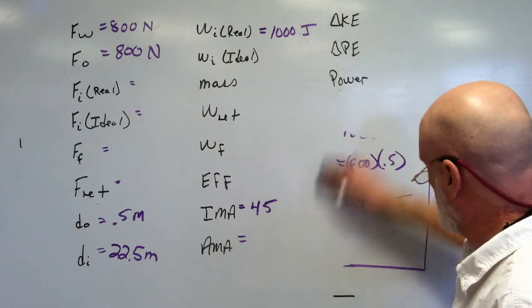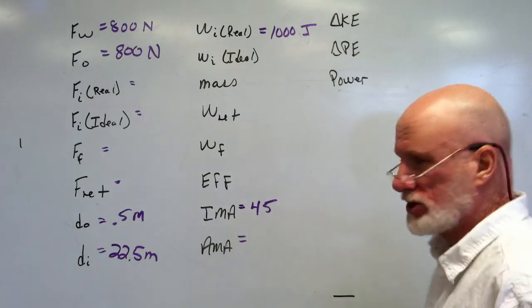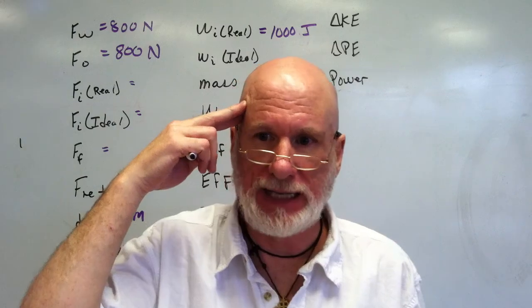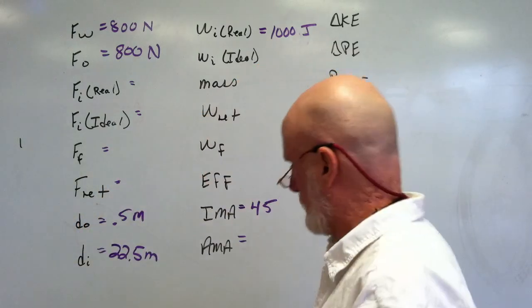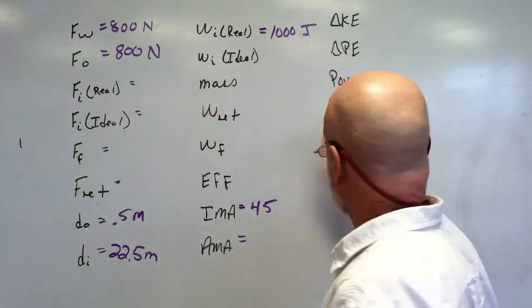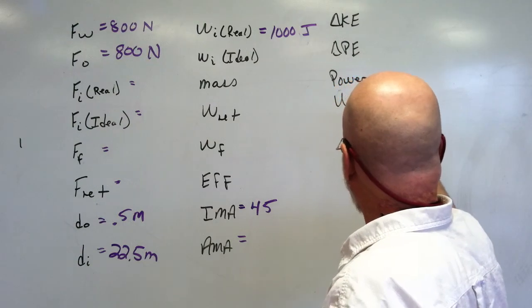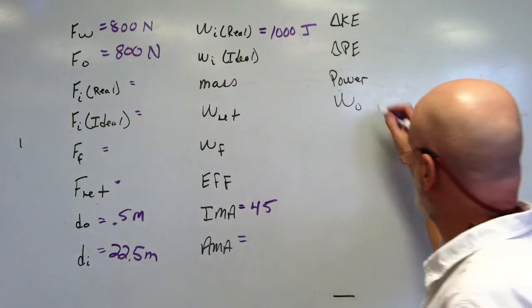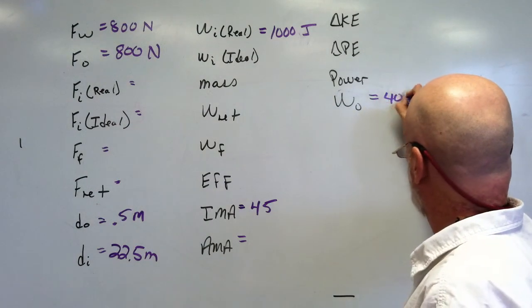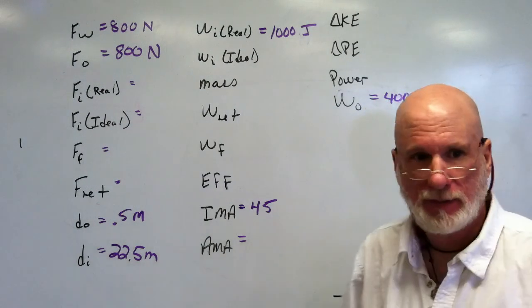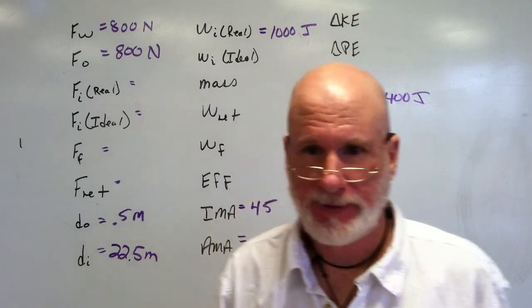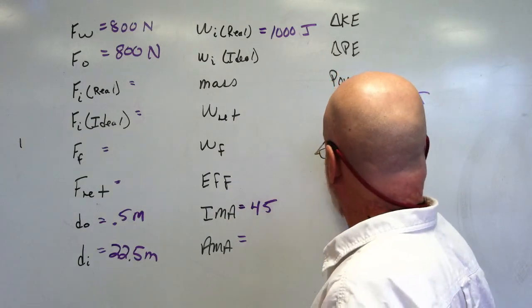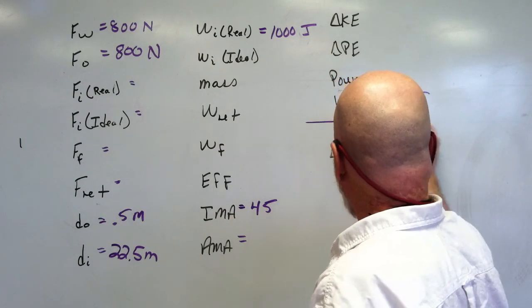No, it's not listed. So WO was not listed in the original table, so we've got to add it. So WO equals 400 joules. Okay? All right, got it? So let's put our workspace back.